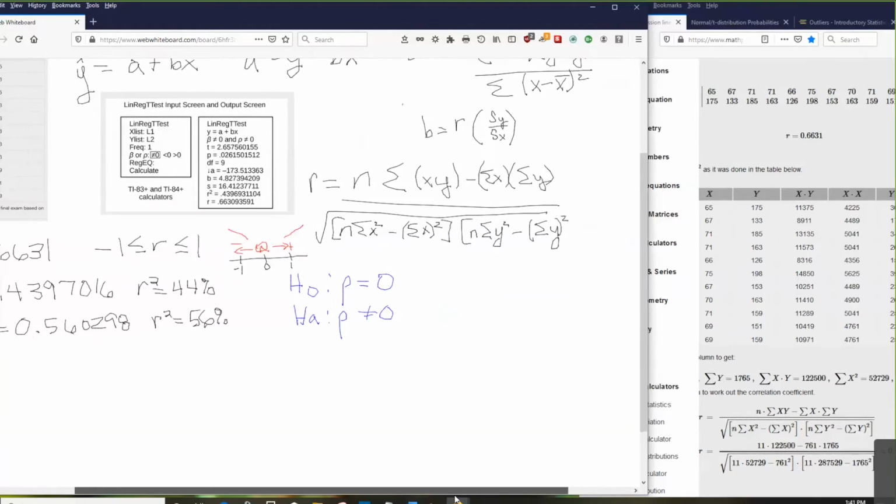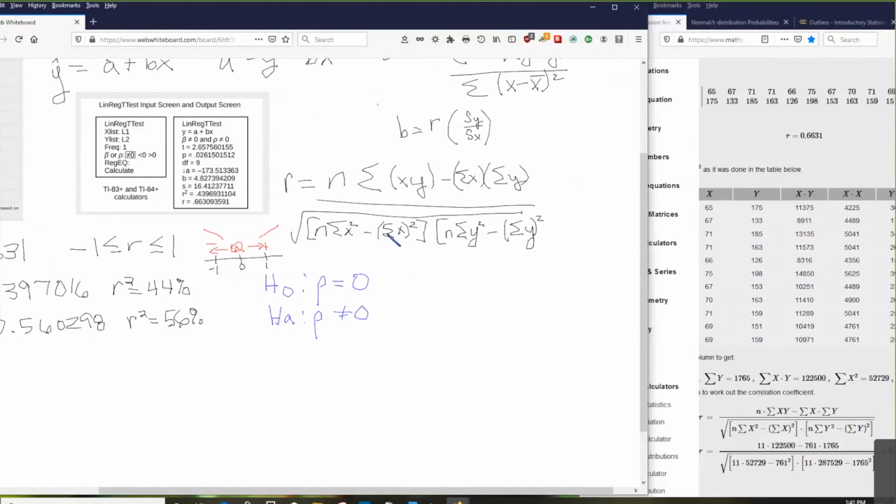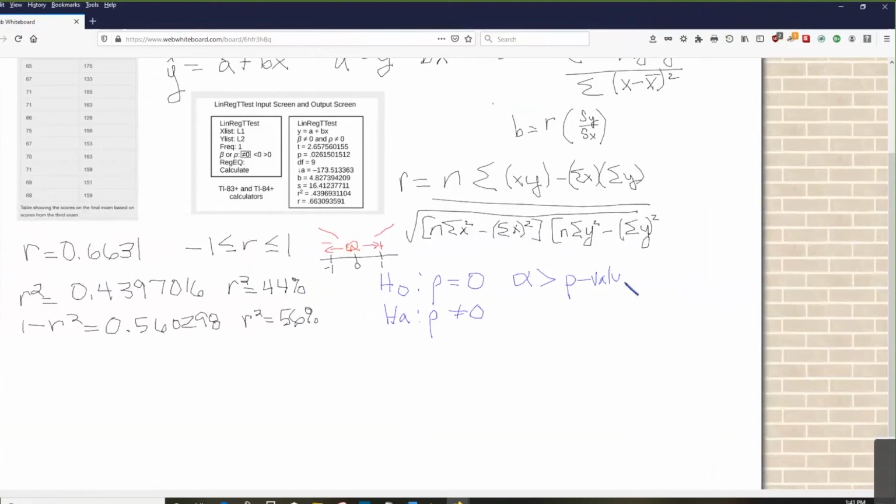So if our significance level is greater than the p-value, then we're going to reject the null hypothesis.